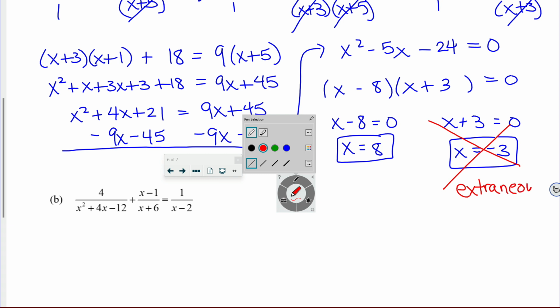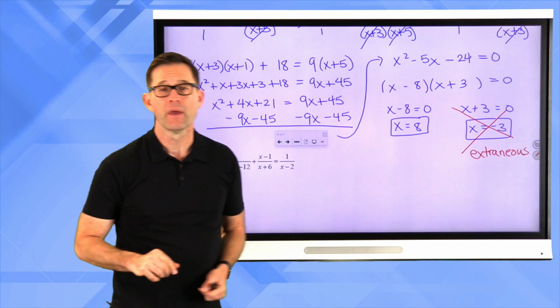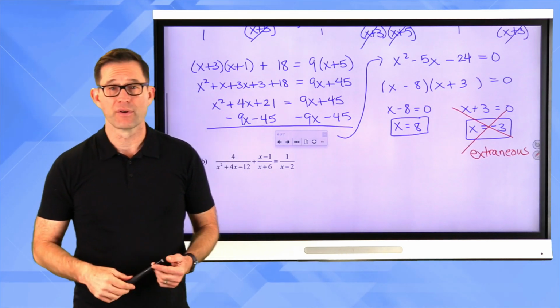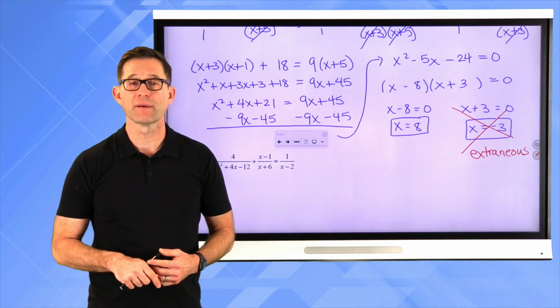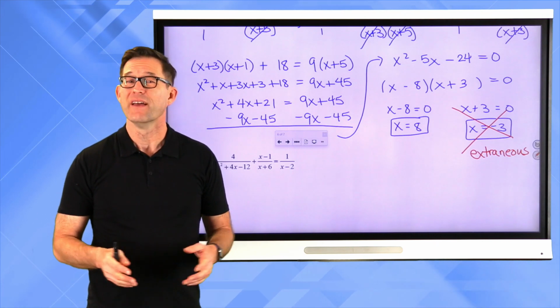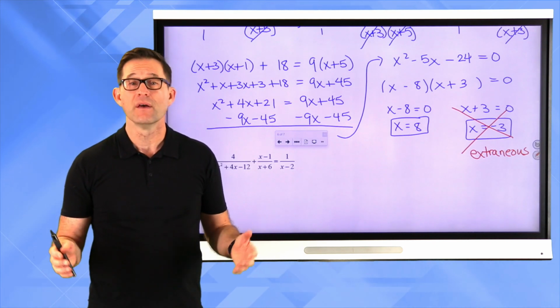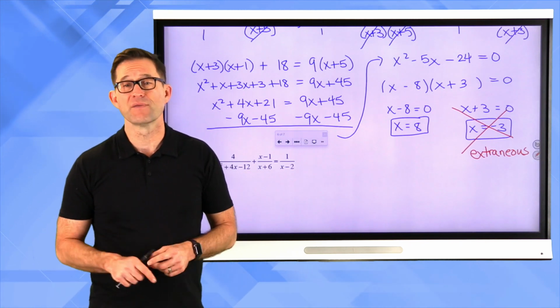By the way, if it makes one denominator undefined on one side of the equation, it is most certainly going to make another denominator undefined on the other side of the equation. You'll never get something like 5 equals undefined. Okay? So it's going to happen sometimes that you will get a denominator equal to 0 on both sides of the equation.